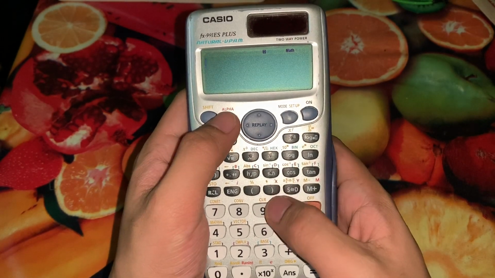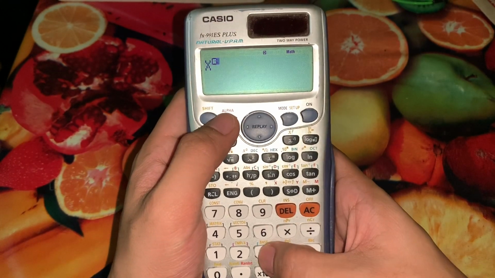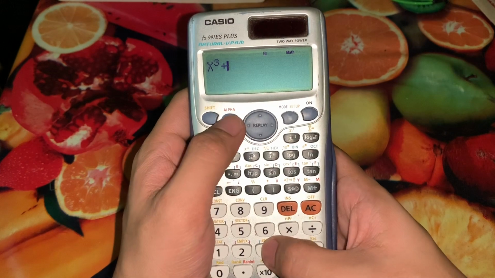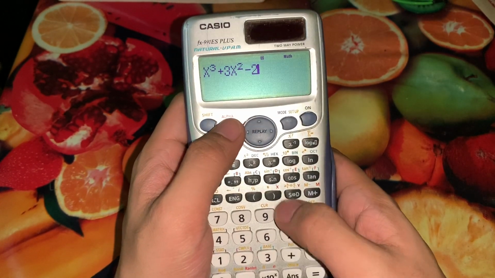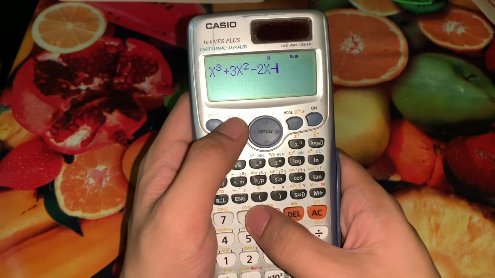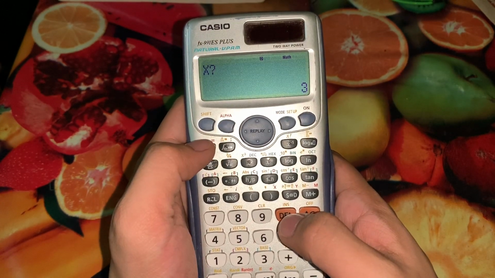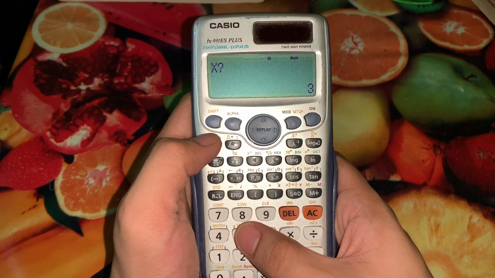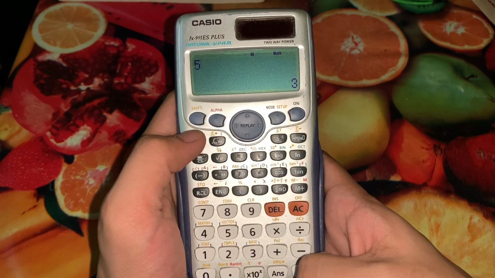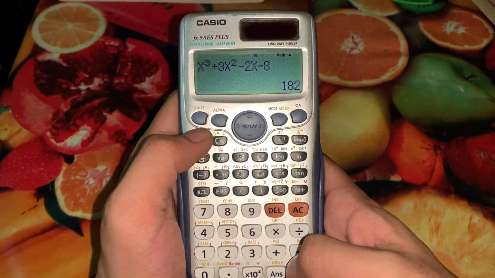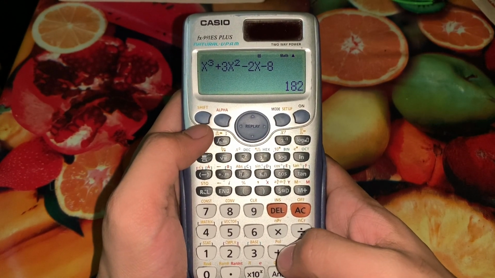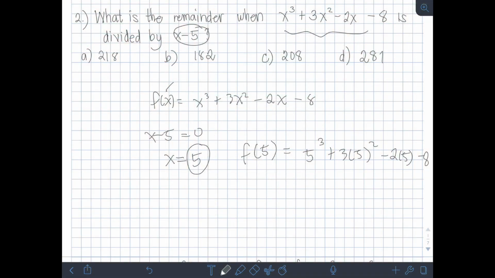So, we have alpha x raised to the third power or x cubed plus 3 alpha x squared minus 2 alpha x minus 8. And then, calc natin, yung x natin ay yung 5. So, we have f of 5 or the remainder is equal to 182. Okay? So, the answer is letter B, 182.